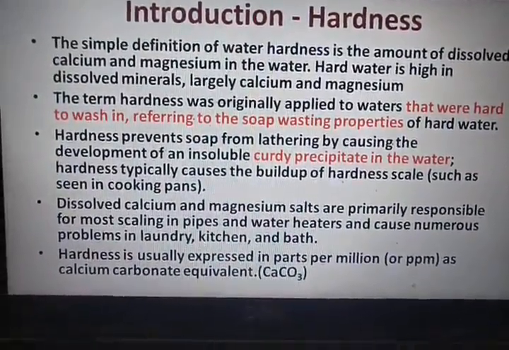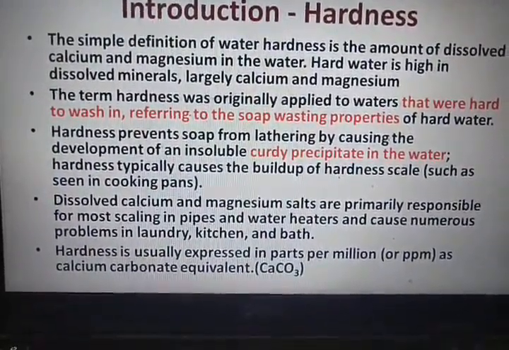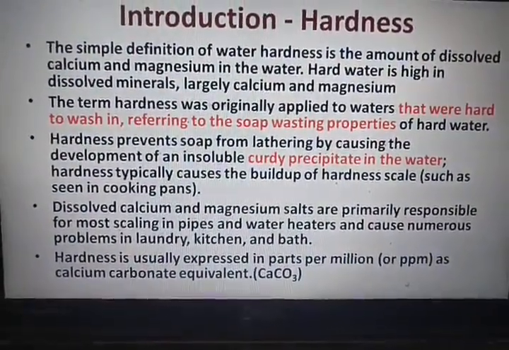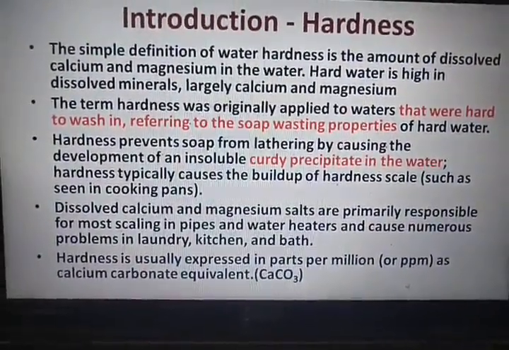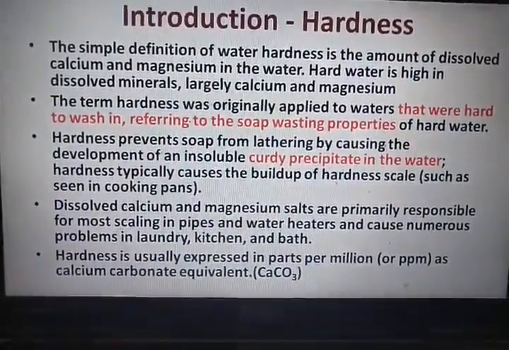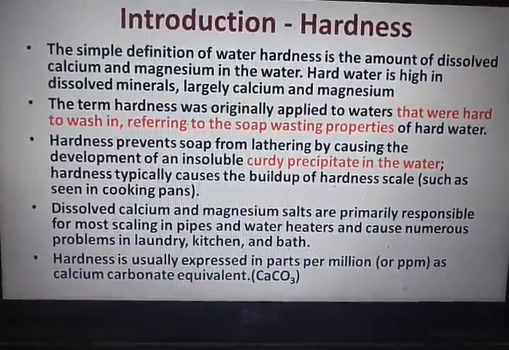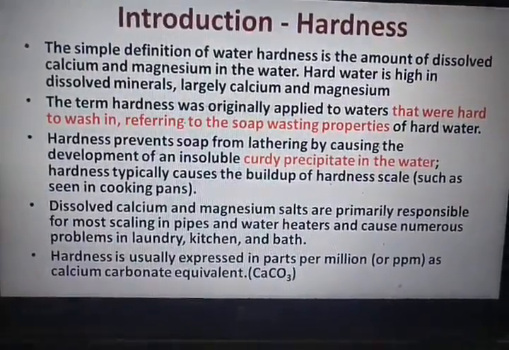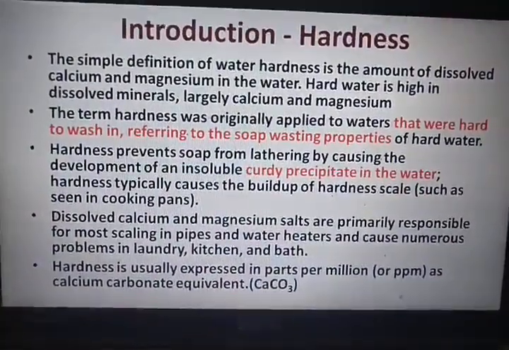The presence of calcium and magnesium salts results in scaling of pipes, also called encrustation of pipes, that is deposition of calcium and magnesium inside the pipes, thereby reducing the carrying capacity and ultimately corroding the pipes.